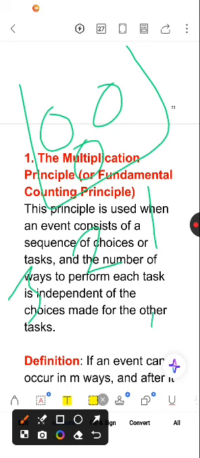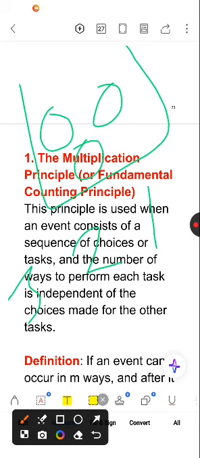Now, in this case, we can't just write 3, 2, and 1. What sign can we use to connect these events? Is it positive, division, subtraction? Because one event follows the other, it is a dependent event: the selection of the second will be dependent on the first.